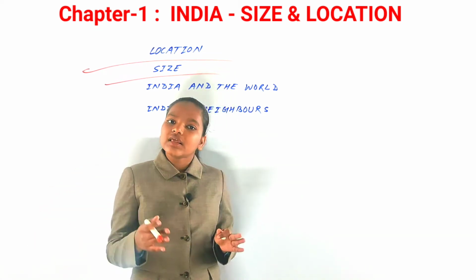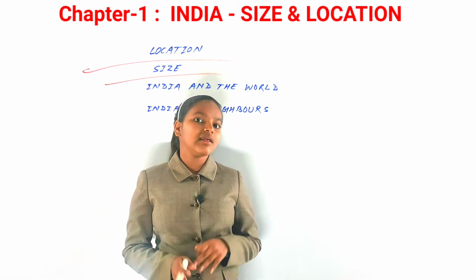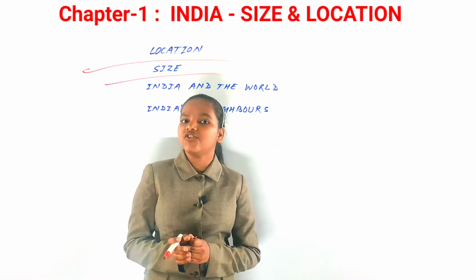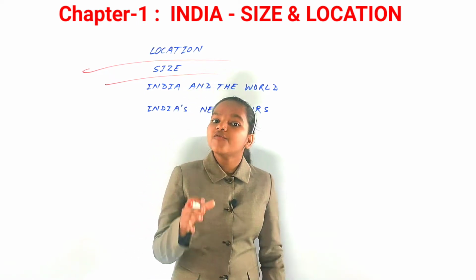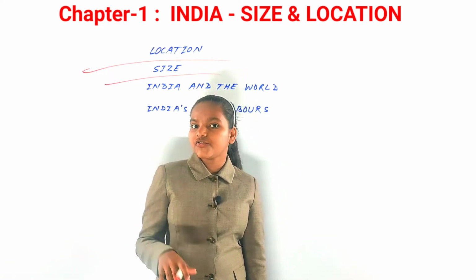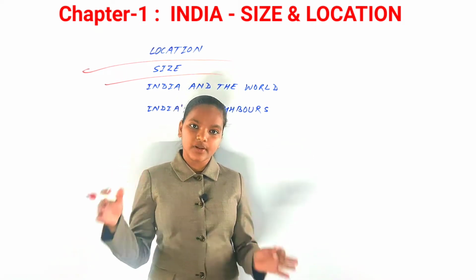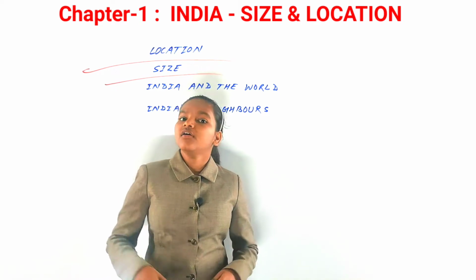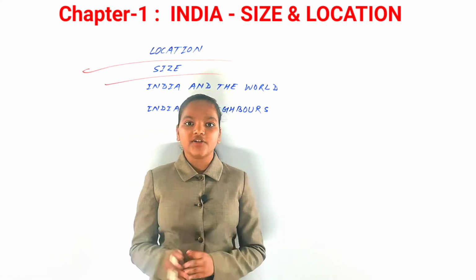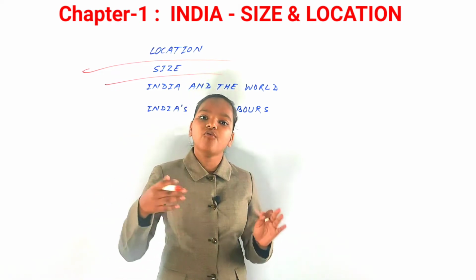Now there is one thing that has to be noticed, as I've said, the latitudinal extent of our country and the longitudinal extent of our country. Now if we look at the time zone of our country, from Gujarat to Arunachal Pradesh, Gujarat being the westernmost part and Arunachal Pradesh the easternmost part, there is a time difference of 2 hours.